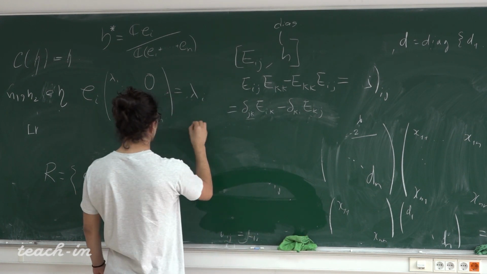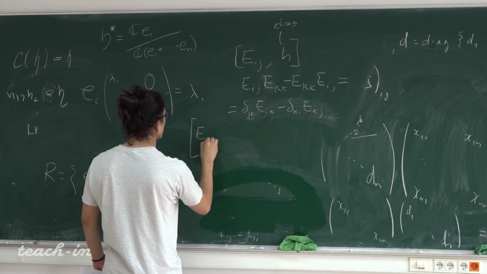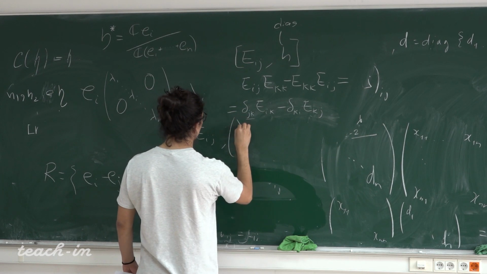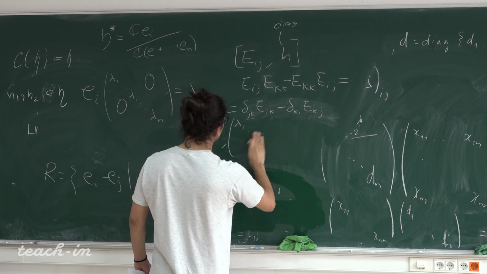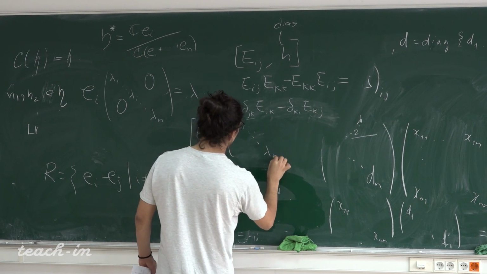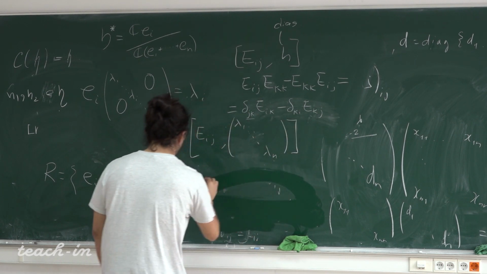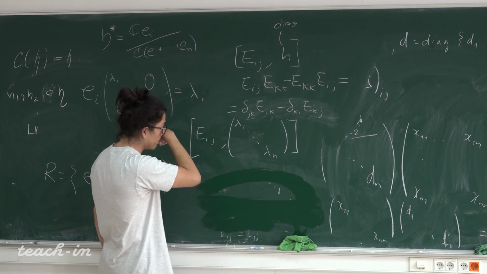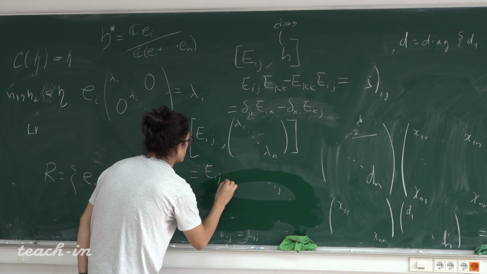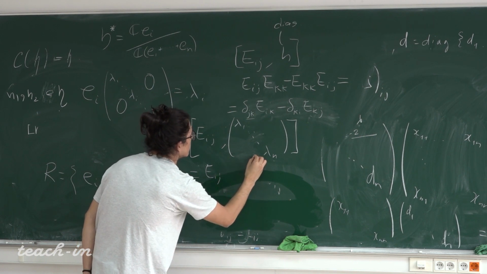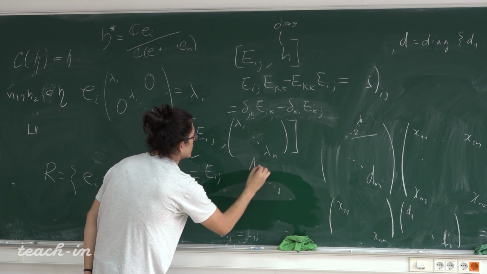Okay, maybe a bigger one, maybe more explicit. Yes, very good. So it's j. We will call it with lambda.